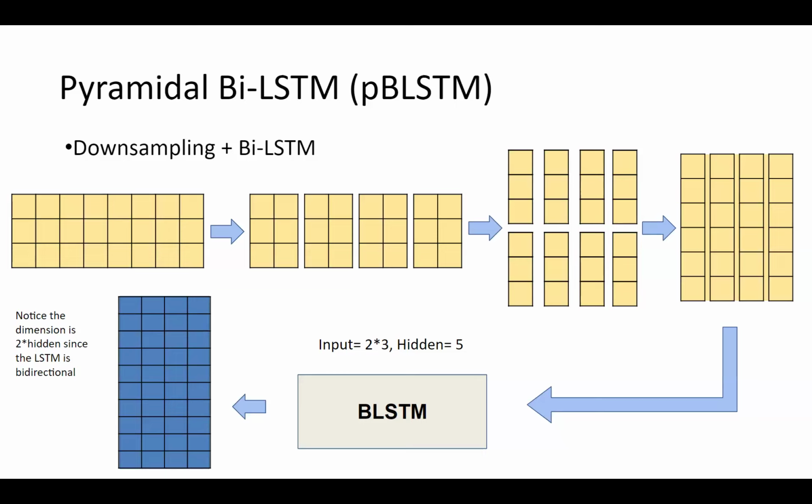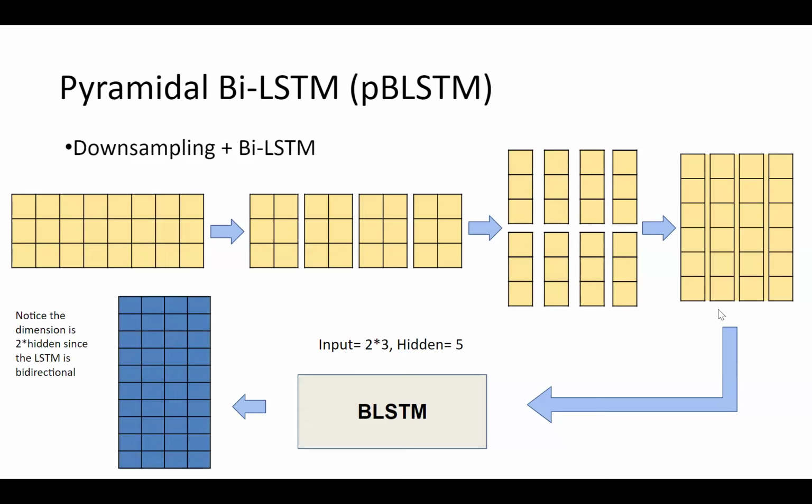We can take one example and see how it works. Suppose we have an input that consists of 3 channels and 8 time steps. We take adjacent time steps and concatenate them, and this results in a modified input that consists of 6 channels and 4 time steps.